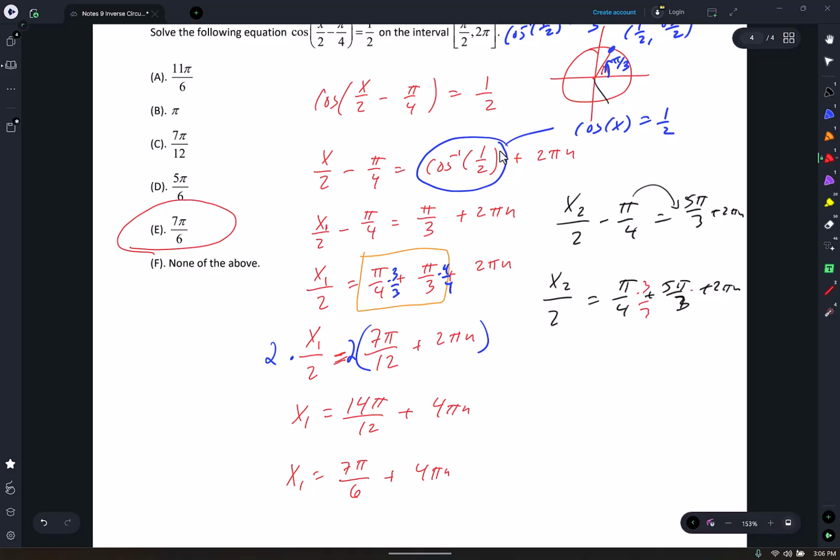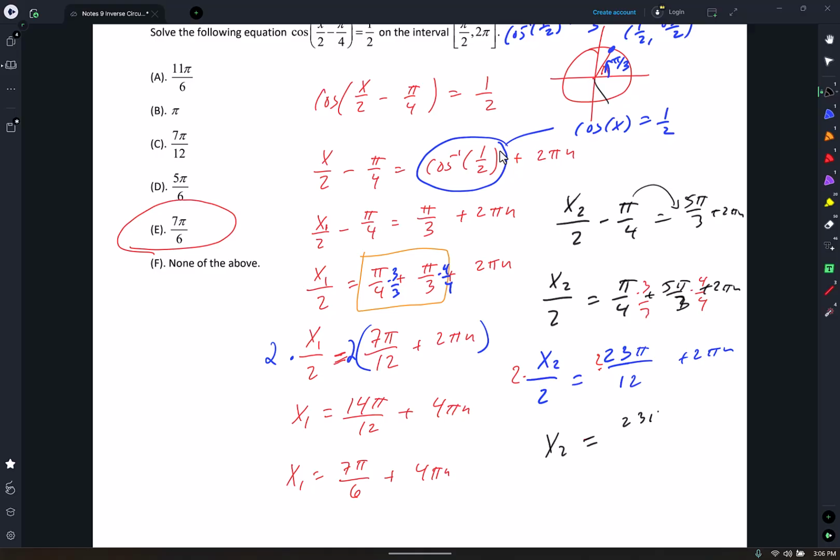Times 3 over 3, times 4 over 4. Let's see what we got. x2 over 2 equals 20 plus 3. That's 23 pi over 12 plus 2 pi n. And times 2 times 2, you would have gotten x2 equals 23 pi over 6 plus 4 pi n.